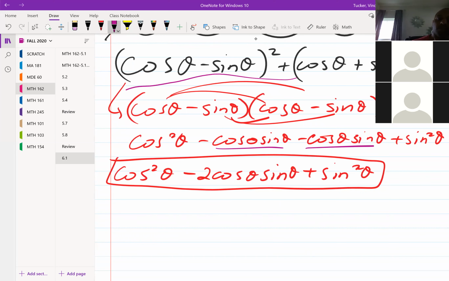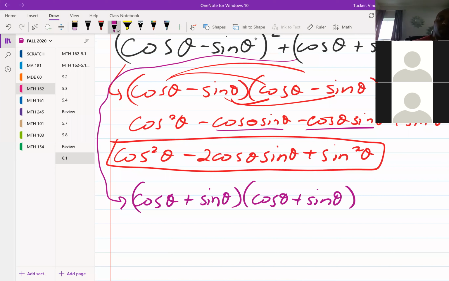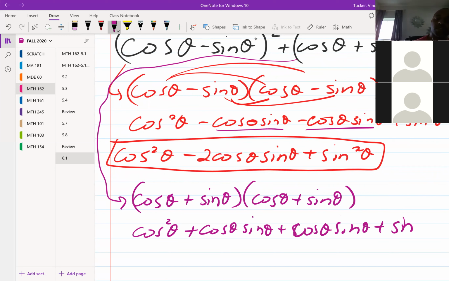And the second one will give me something similar. All right, fold that out. That'll be cosine squared, cosine sine, cosine sine, sine squared.